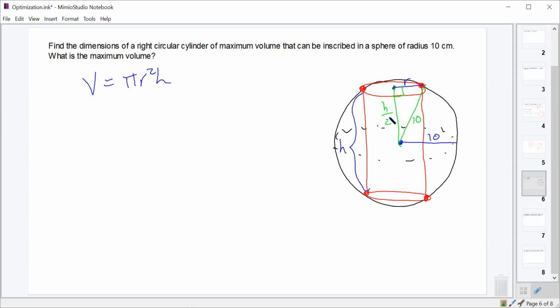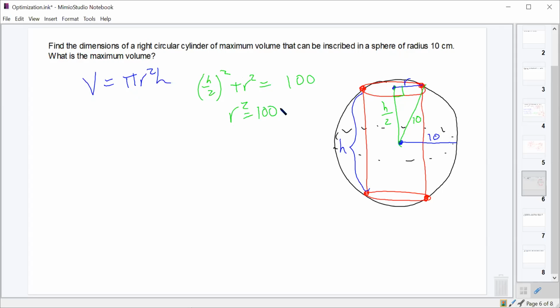H over 2. So using the Pythagorean theorem, we should be able to say that (h over 2) squared plus r squared equals 100. And we can either replace the r's or the h's. I've already got an r squared here, and I've already got an r squared here, so it might make sense to just solve for r squared and then substitute that.